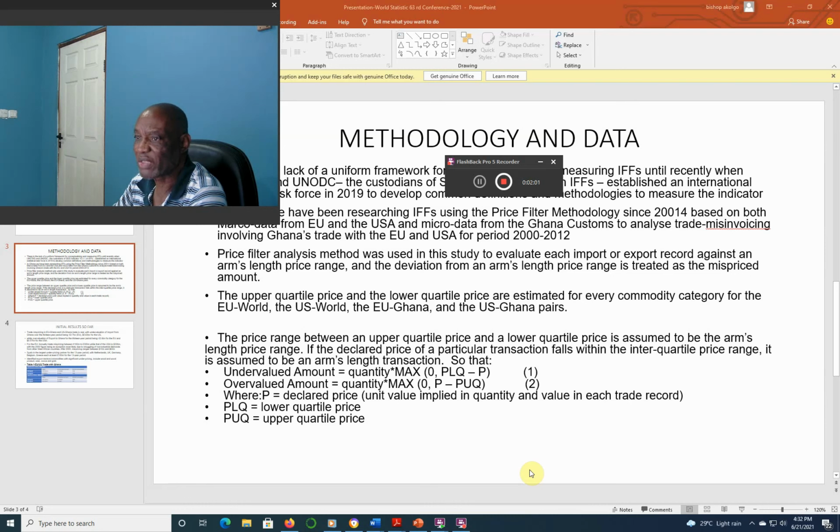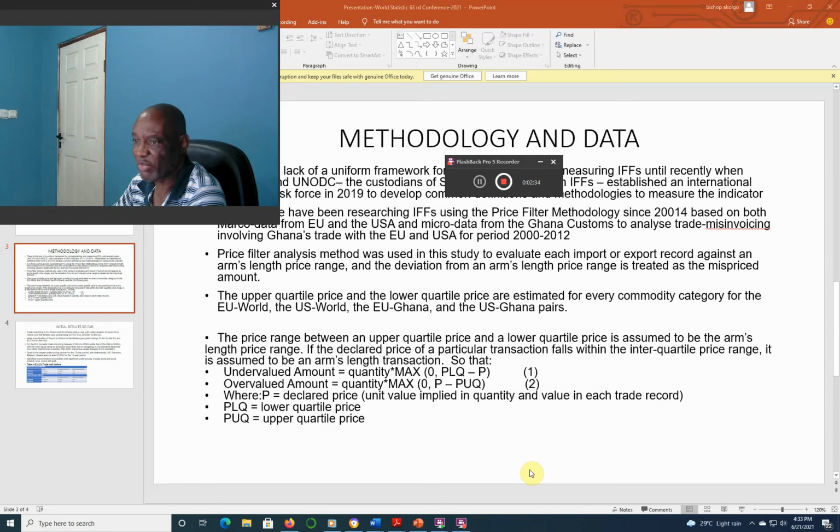Price filter analysis was used to study and evaluate each import and export record against an arm's length price range in our trade with the European Union and the US for the period 2000 to 2012. The upper quintile price and the lower quintile price are estimated for each commodity category for the EU world, US world, the EU Ghana, and the US Ghana pairs.